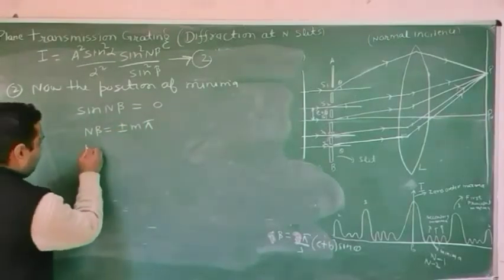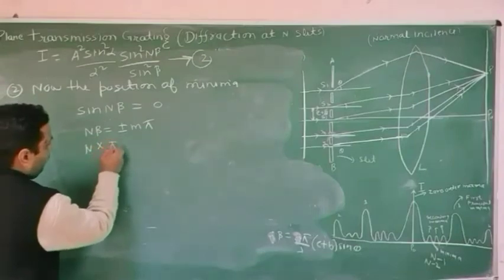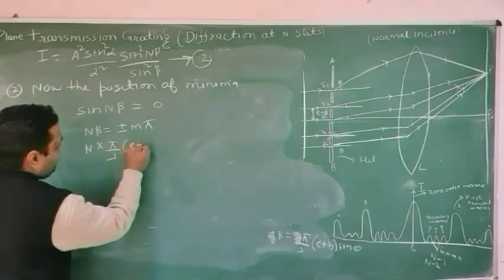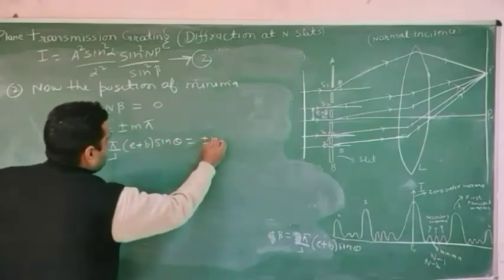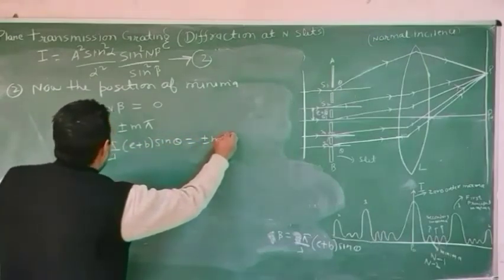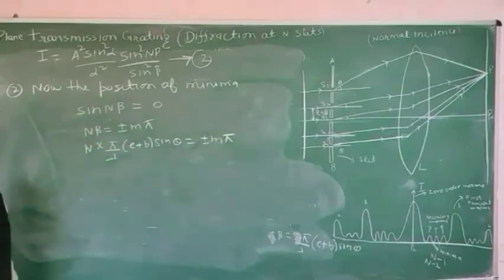Or what is β? β is π upon λ (e plus b) sin θ is equal to plus minus mπ. Understand?